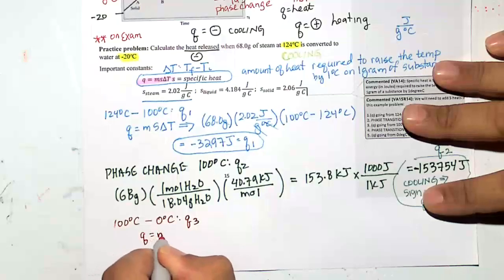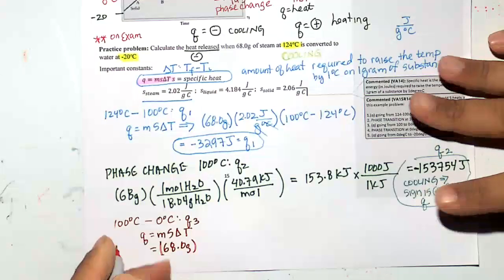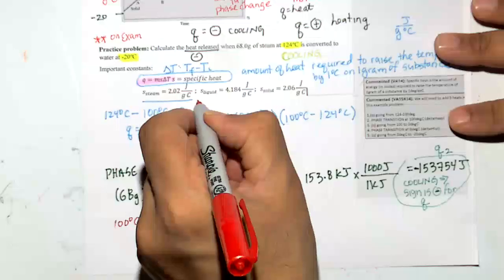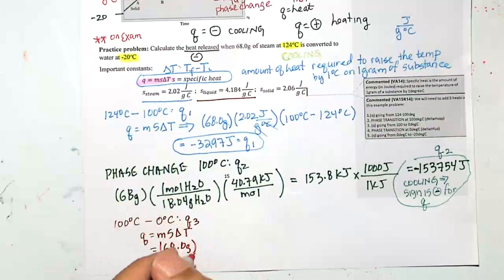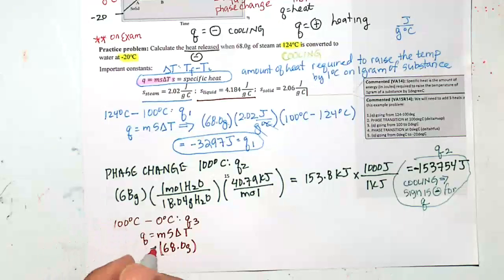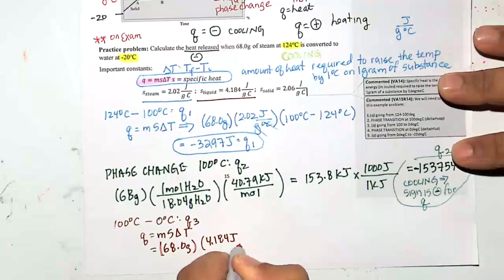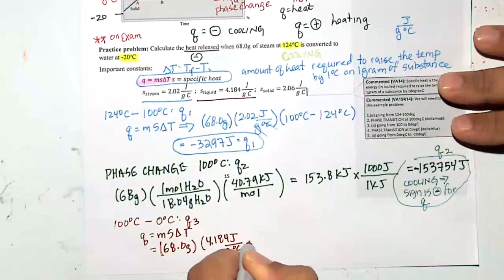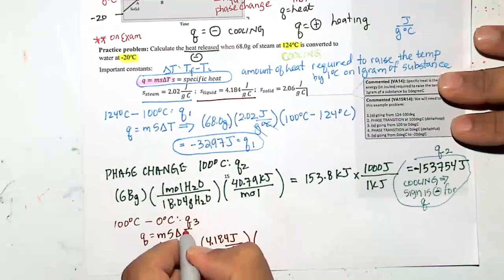Now we'll use Q equals ms delta T. The mass is 68 grams. We're going to use the specific heat for water as a liquid, because between 0 and 100 your water is a liquid, and that's 4.184 joules over grams degree C. And then final minus initial.